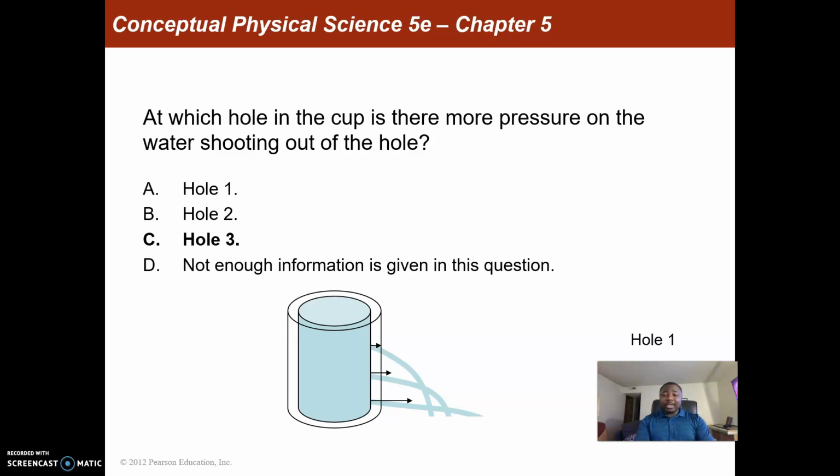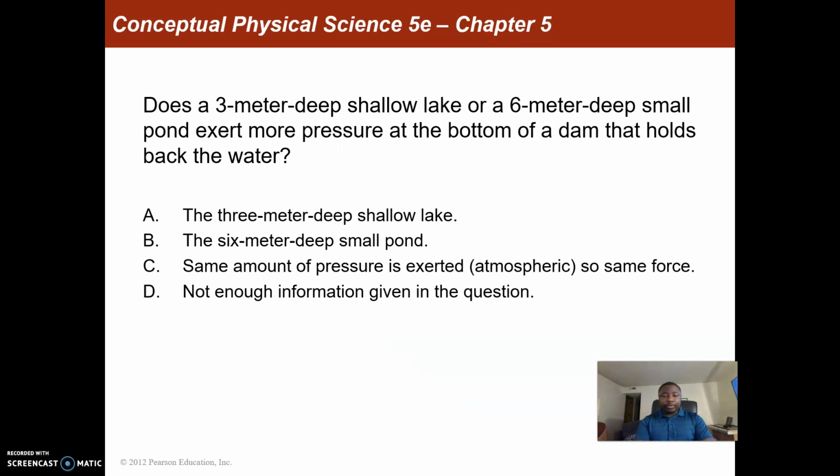You see that hole 3 has the greater depth. Compare this height to this height to this other height. You see that hole 3 is deeper than hole 2, which is deeper than hole 1. So that's the reason why our answer will be hole 3.